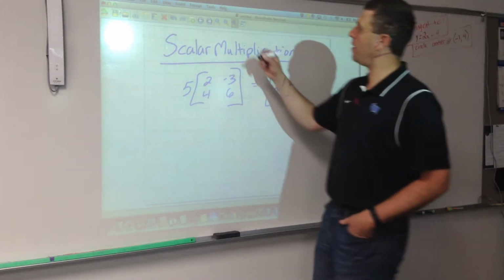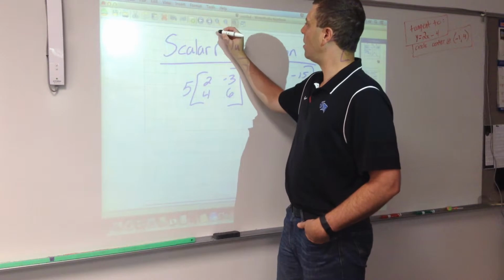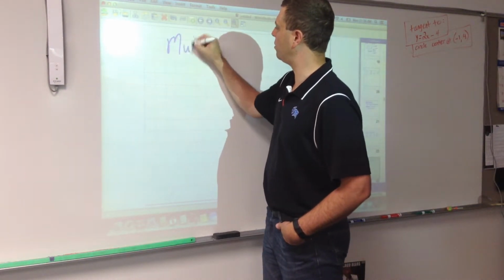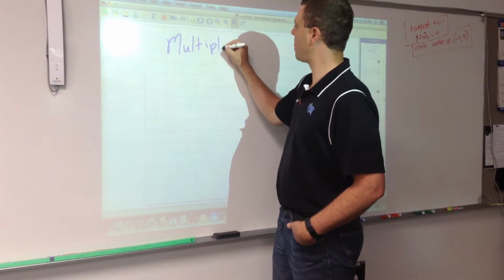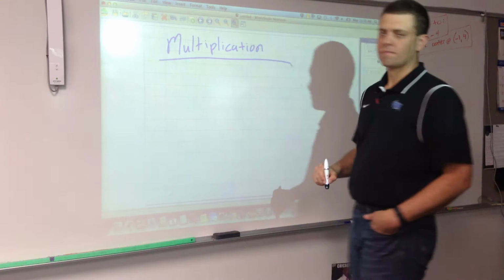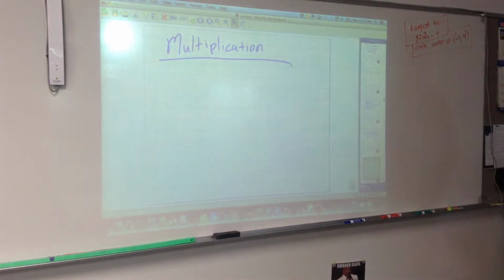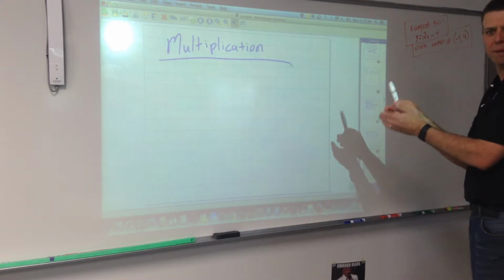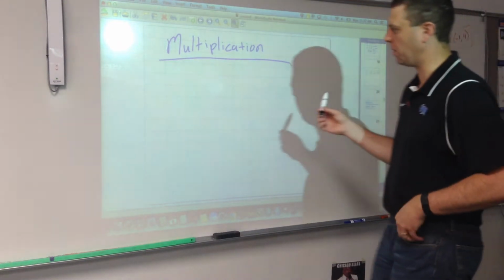Then we had matrix multiplication itself, just regular old multiplication. And in order to multiply matrices together, what did we determine we had to have? The columns in the first one have to be the same as the rows of the second one? Awesome. Yep, the number of columns in the first matrix has to match the number of rows in the second one.